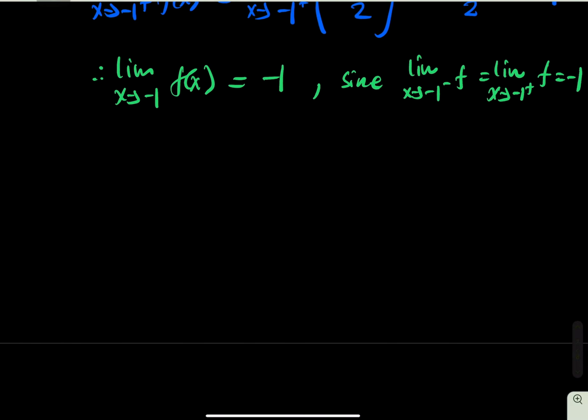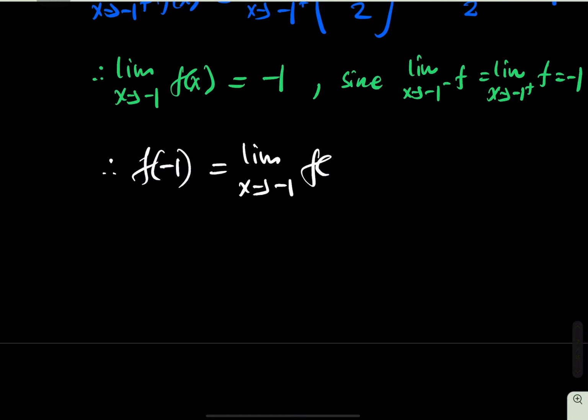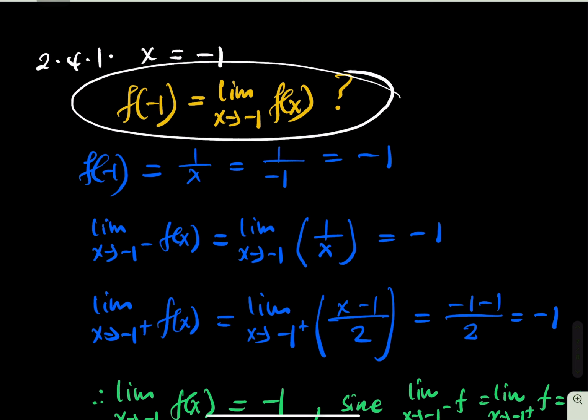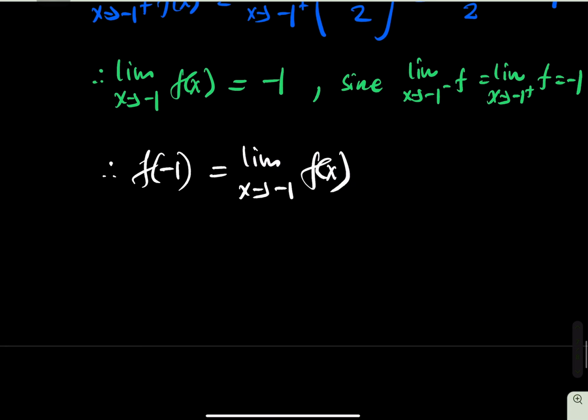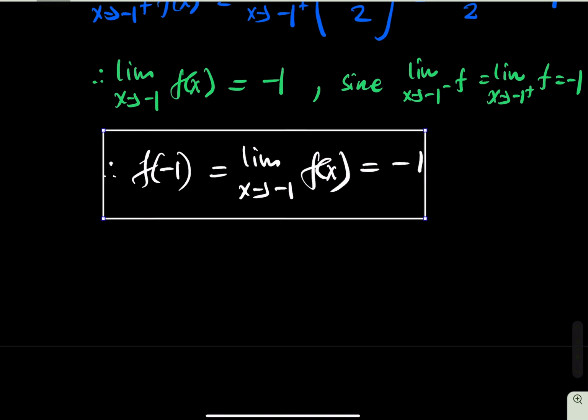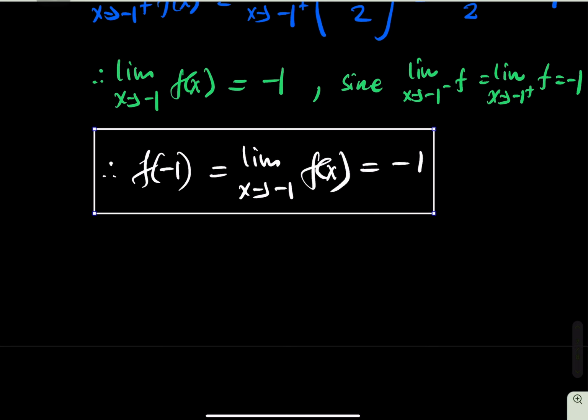So therefore, this concludes that f at -1 equals the limit as x goes to -1 of f at x, which is basically this condition which we're trying to check if it is true. So it is true because they are all equal to -1 there. You managed to prove that, you saw.